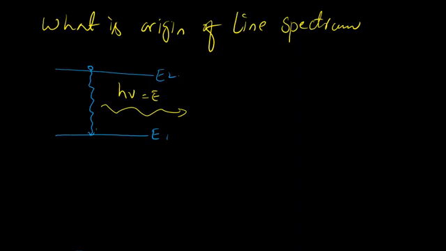So emitted energy is a single photon of light. According to this model, the electron can exist in an atom only in certain specific energy levels, either E1 or E2 or E3.